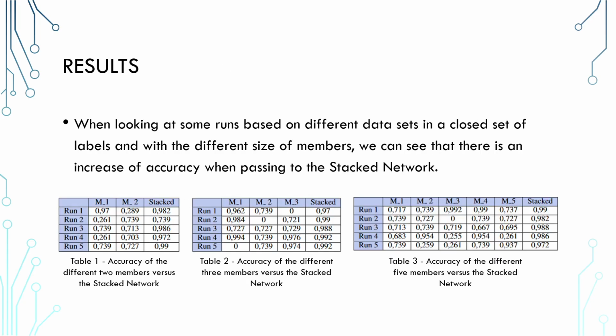One of the key points we took while developing our work was that when we look at some runs based on different datasets in the closed set of labels, considering the results provided by the committees with different sizes, there is always an increase of accuracy when passing to the stacked network. We also verify that our committee has the best performance when it's working with 5 elements.